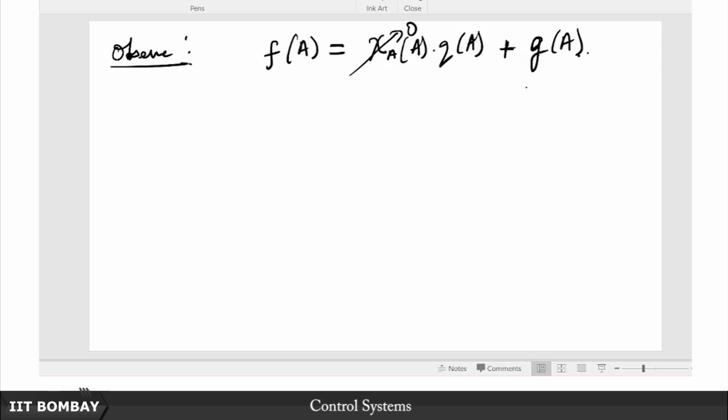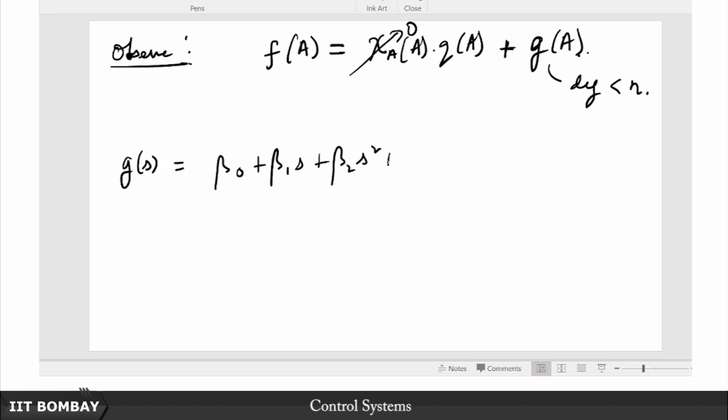Why? Because for g of A, remember, the degree is less than n. So it will at most have entries like what? g of s looks something like this: maybe I should not use alpha because I have used alpha earlier, so let me call it beta 0 plus beta 1 s plus beta 2 s squared plus dot dot dot till beta n minus 1 s to the n minus 1.